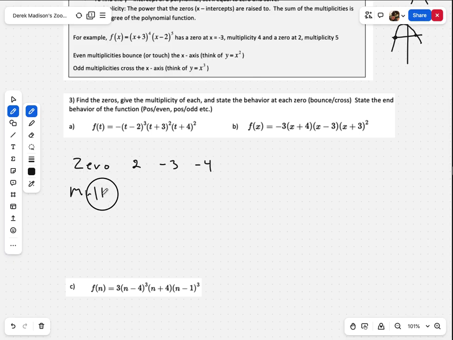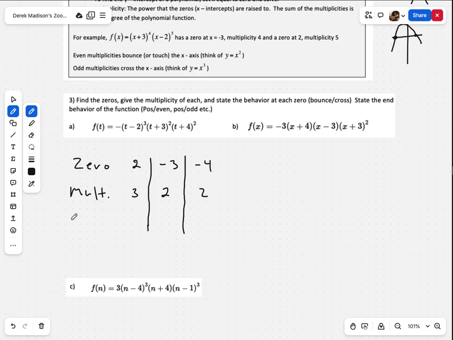The multiplicity of each of those zeros: for 2, the multiplicity would be 3 because it's the 3rd power. For the negative 3, the multiplicity would be 2 because there's 2 factors there of 2 plus 3, and likewise this one would be 2.